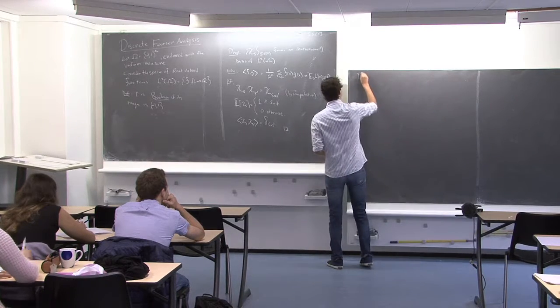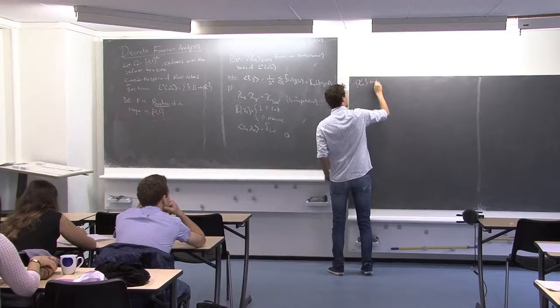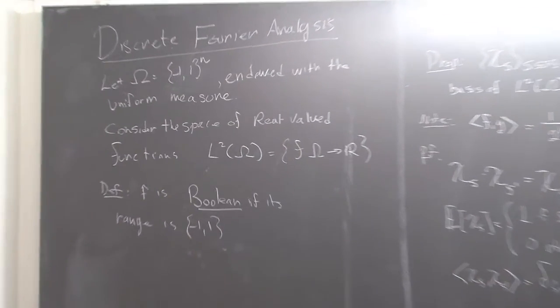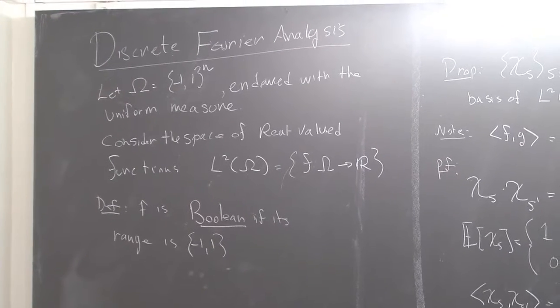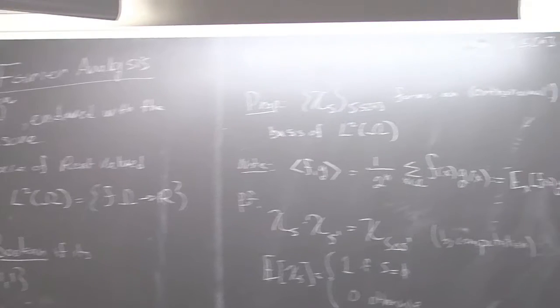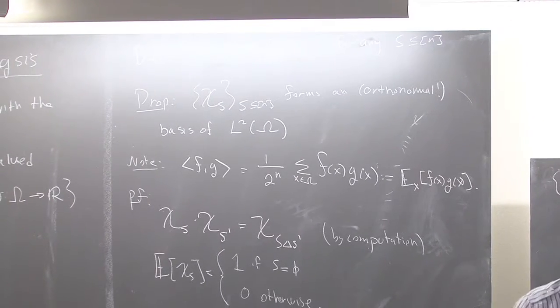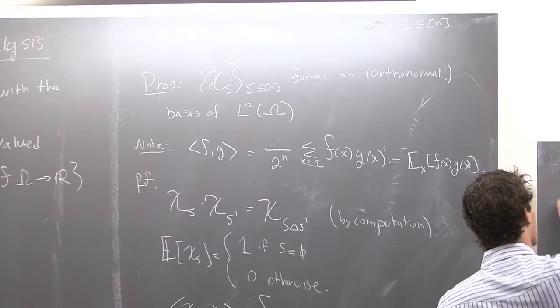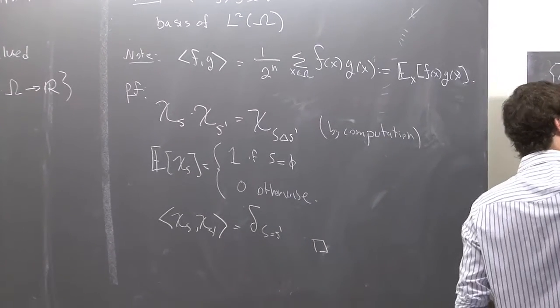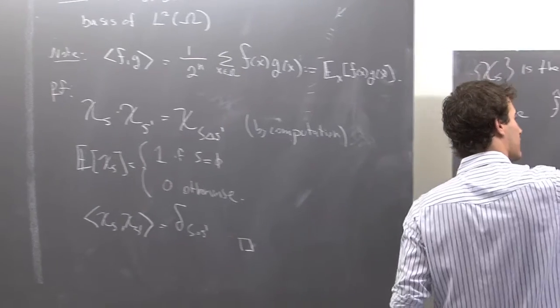So chi-s, I guess technically it's a Fourier-Walsh basis because it's finite. And as such, by notation, I define f hat of s by the expansion.